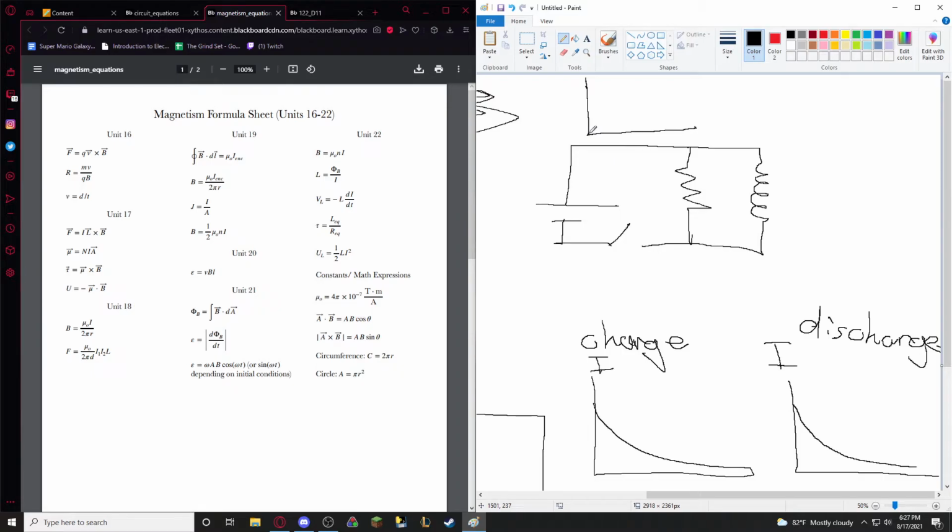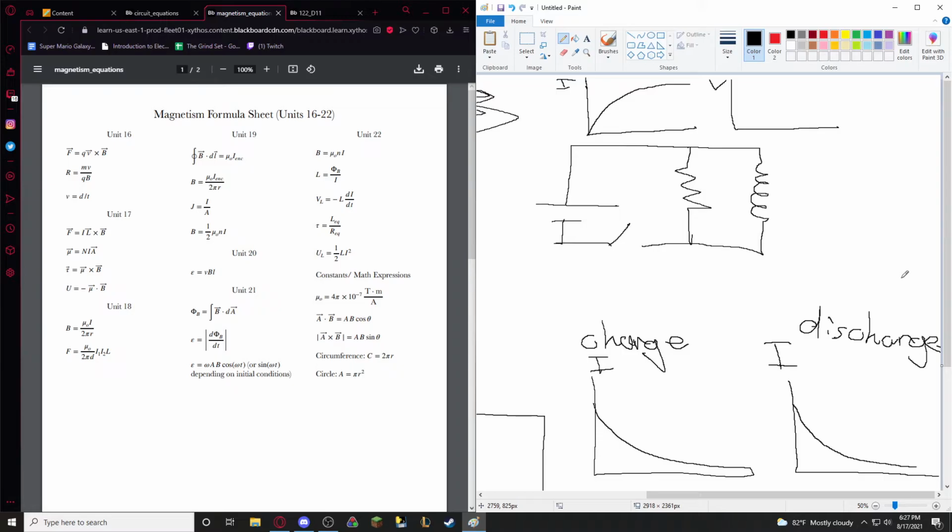So the current starts at 0, but quickly increases and asymptotically approaches a max value. What about the voltage through the inductor? That would be VL, correct? Yes. Then that should go from a max to 0.